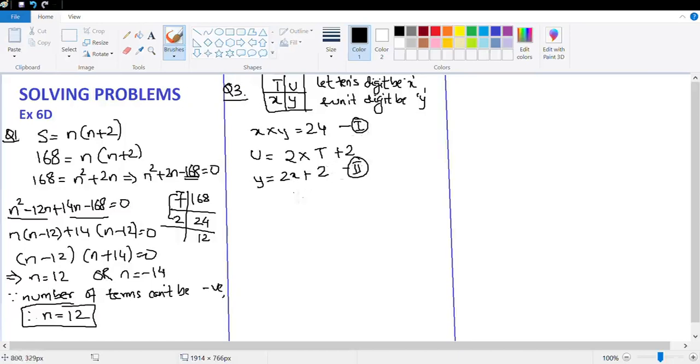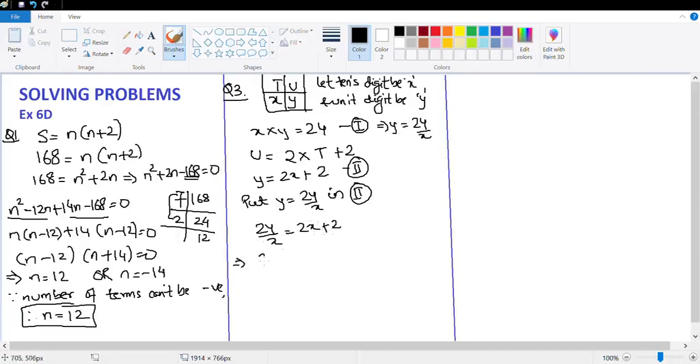Let's see if I can substitute something somewhere. So my first equation will give me y is equal to 24 upon x. So let's put this in the second equation. So put y is equal to 24 upon x in equation 2, and let's see what I get. So 24 upon x is equal to 2x plus 2. Let's cross multiply.